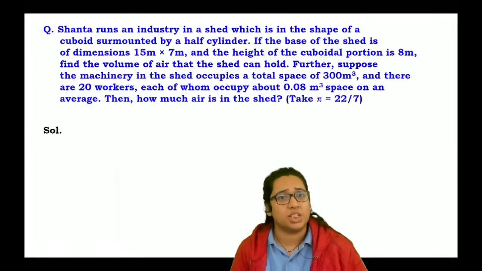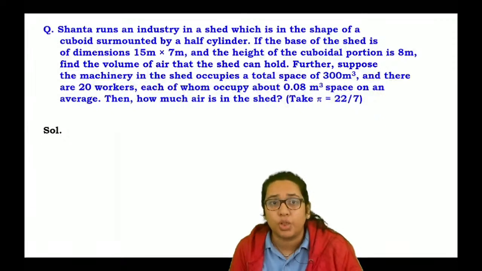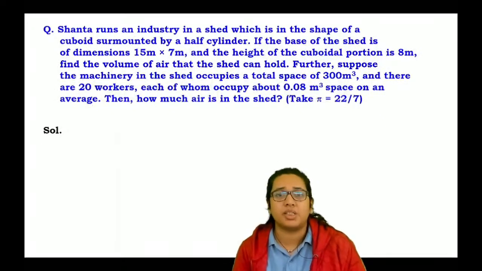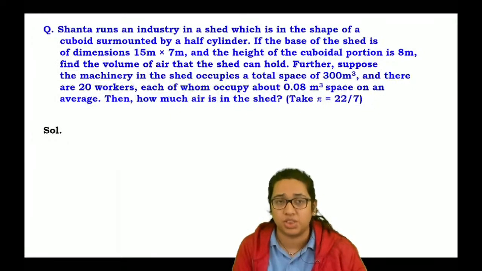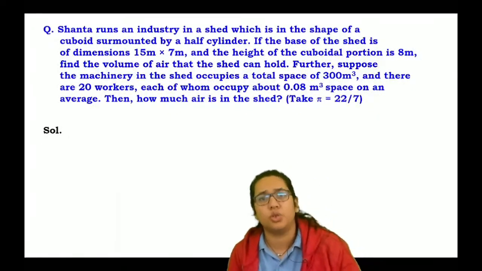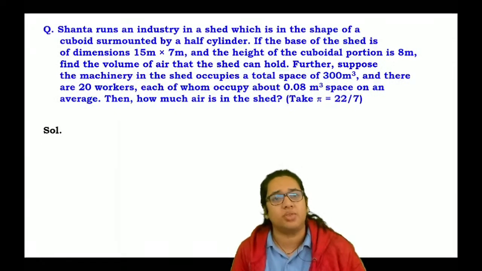Shanta runs an industry in a shed which is in the shape of a cuboid surmounted by half cylinder. If the base of the shed is of dimension 15 meter by 7 meter and the height of the cuboidal portion is 8 meter, then find the volume of air that the shed can hold.